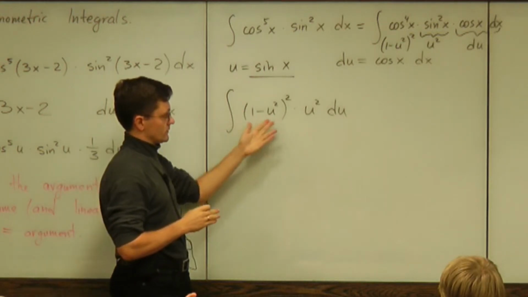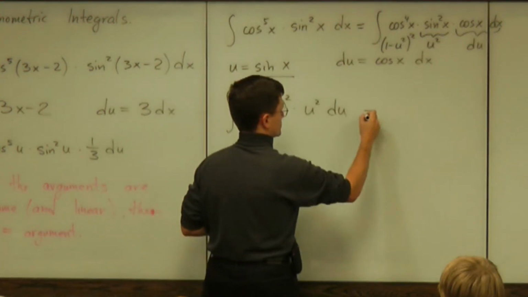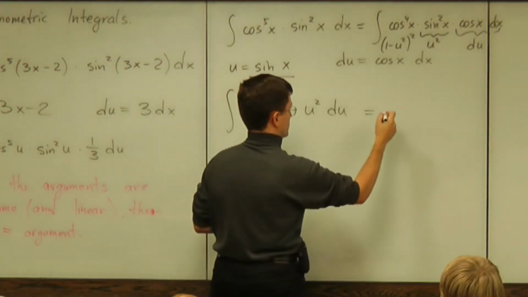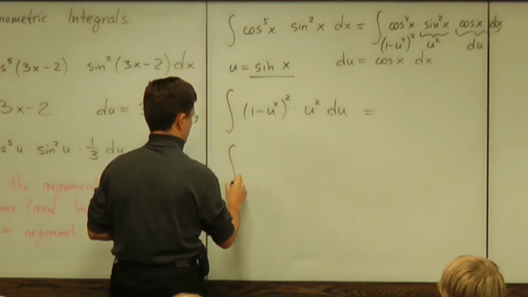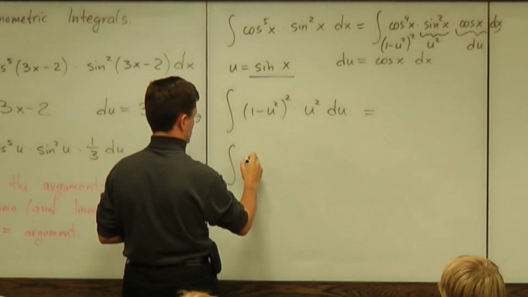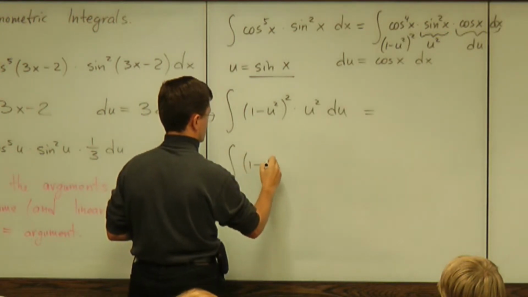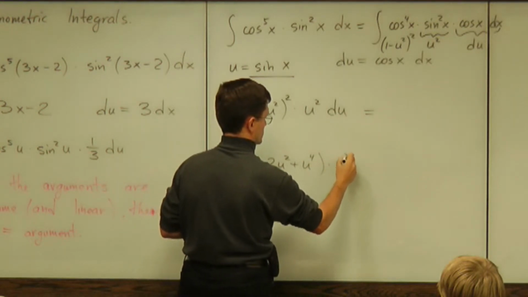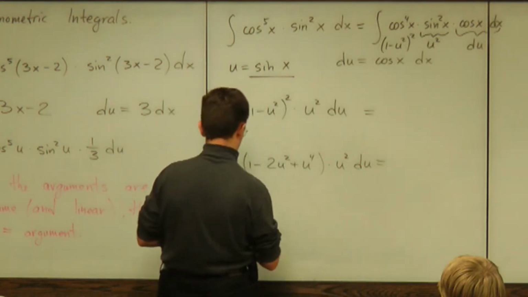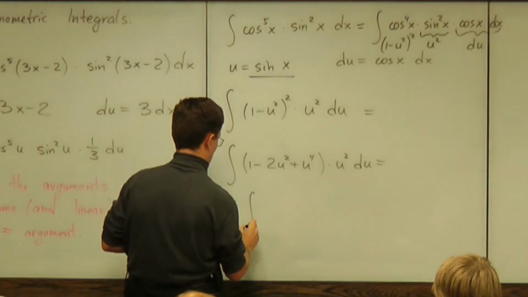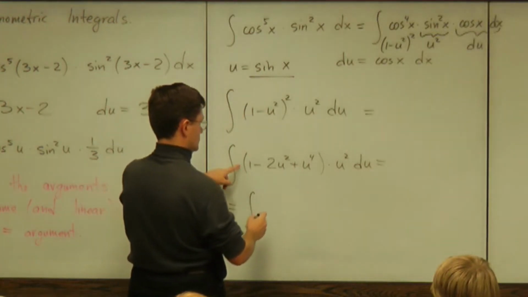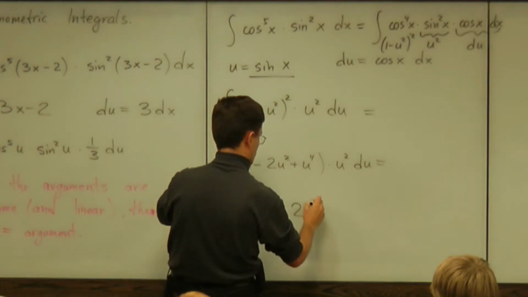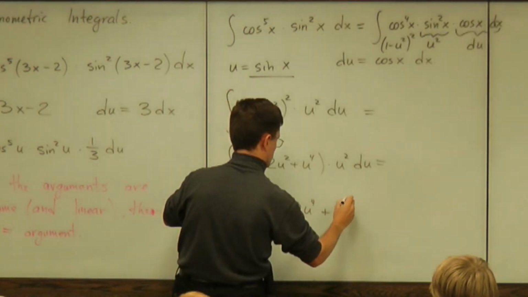And that is a very simple integral that you can just expand everything and then simplify. So let me expand quickly. It's 1 minus 2u squared plus u to the fourth, times u squared. And that is u squared minus 2u to the fourth plus u to the sixth.